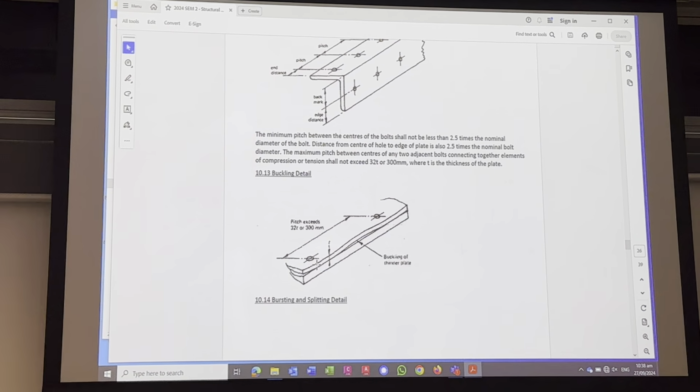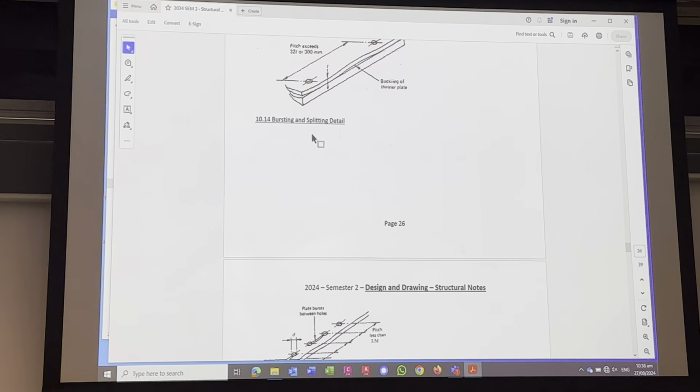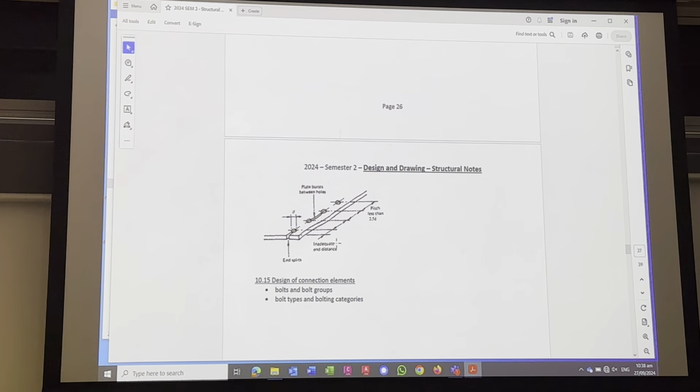When pressure is put onto the plate, it can buckle, whereas if you had more bolts in there, it would stay down. And then we also have bursts, and that title here should be for below. We have bursts between holes if they're too close together, so a crack will start and then burst between the two holes. And we have end splits, which is when it's too close to the edge and a crack will start forming and then split to the edge.